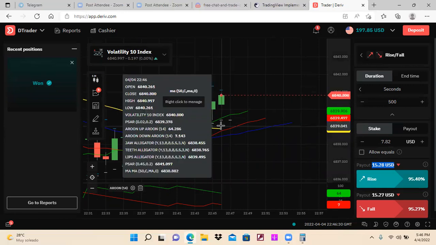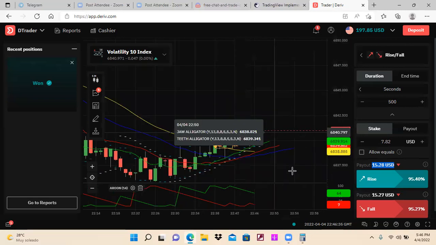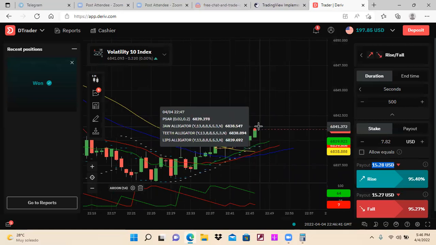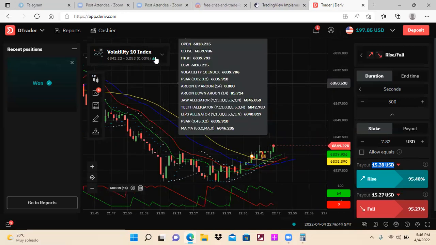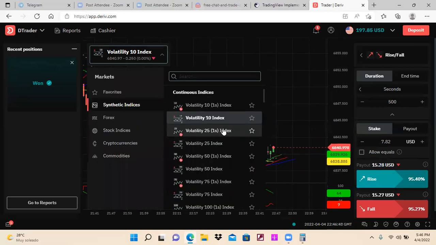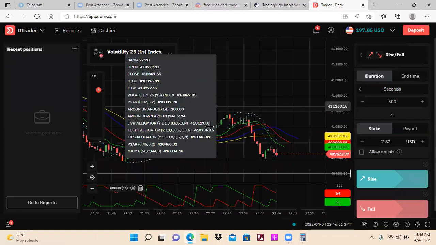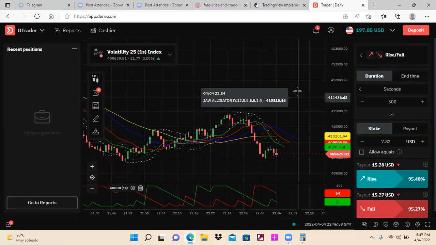If you have two on the same side, it means that it is going to continue in that direction. Currently it is still pushing higher, but we're going to switch to another pair. I'm just sharing the scenarios. Let's go to V25-1S. That's the greatest thing with binary: we can switch to different pairs.